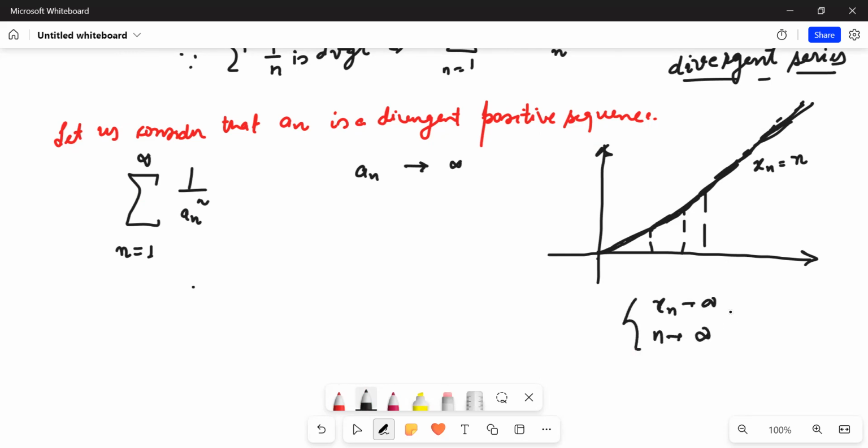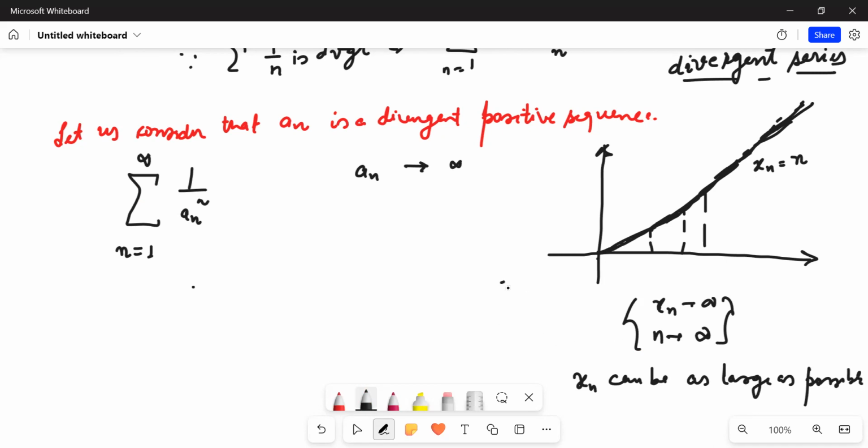Now, how to understand this? If xn is tending to infinity as n tends to infinity, I would understand this by saying that xn can be made as large as possible. What does that mean?